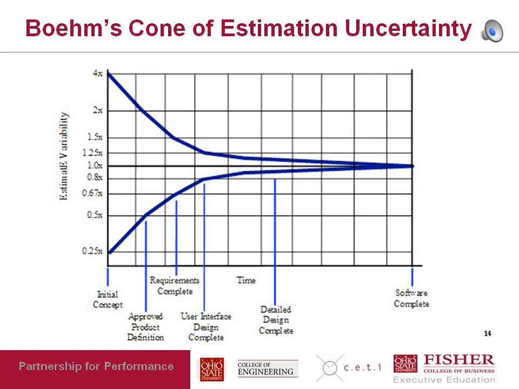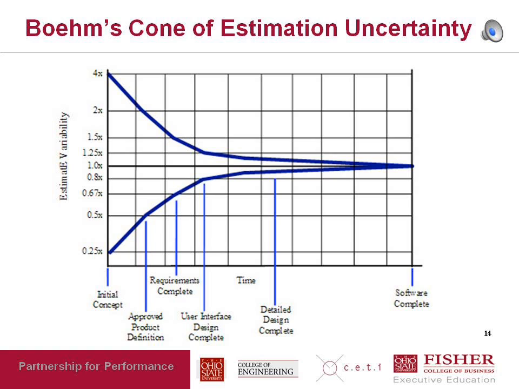So at initial concept, you could be as low as a quarter. Your estimate might be 4 times too low or 4 times too high, and then obviously when the project finishes, that uncertainty in your estimation will go to 0, because when the project finishes, your actual time is essentially your estimate.